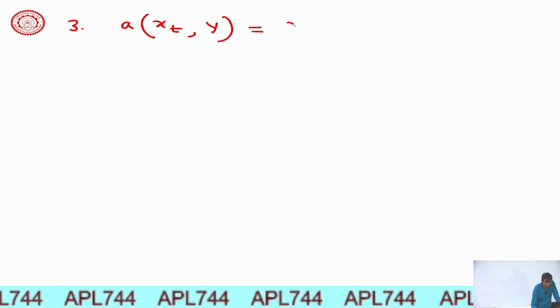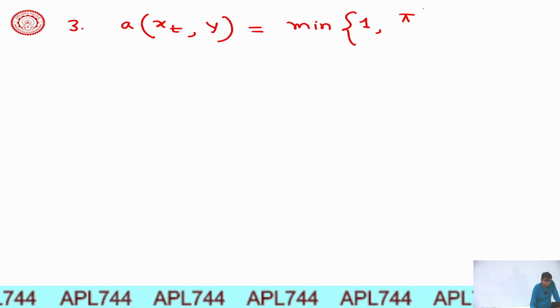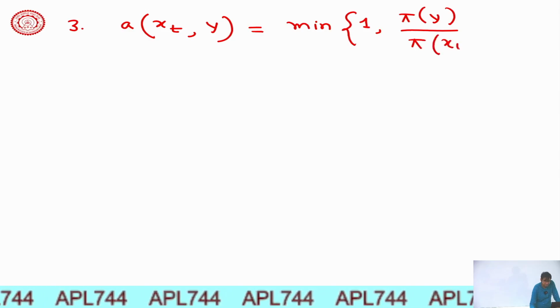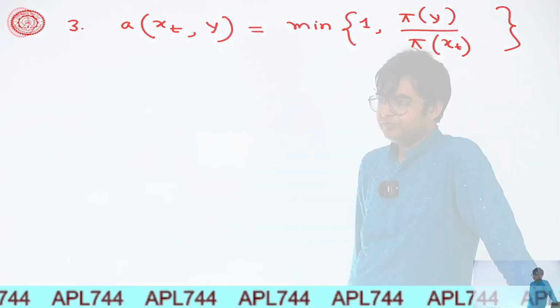So the acceptance ratio is the minimum of 1, pi of y divided by pi of xt, right? This was the acceptance ratio, correct? And I can write pi star and pi star because pi is pi star by z, so z and z will cancel out, okay.